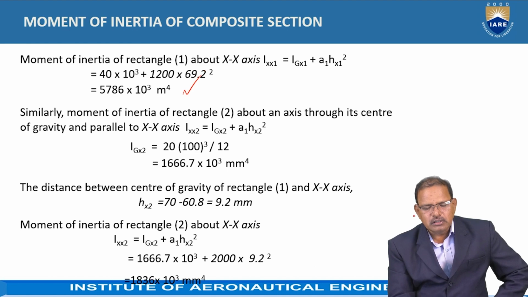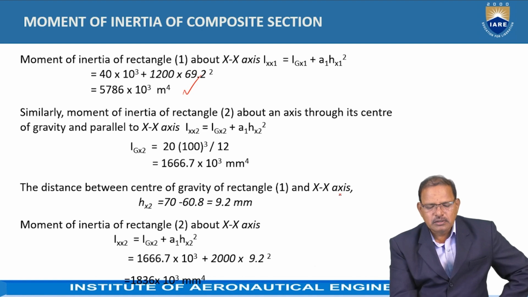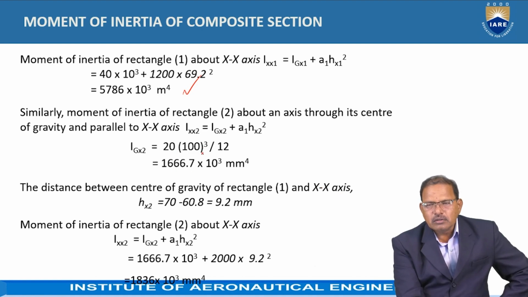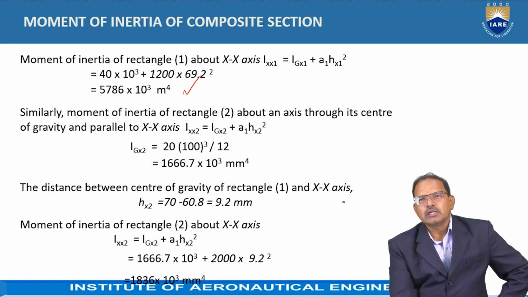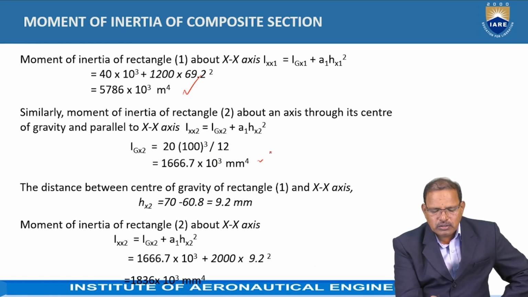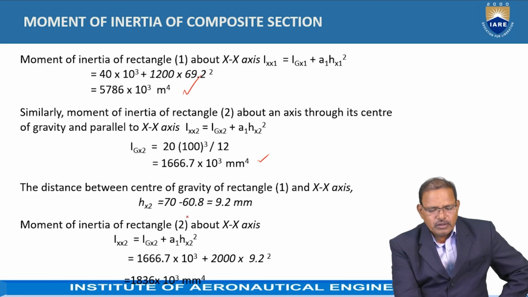For the second one, Ixx is equal to Igx2 plus A2 hx2 whole square. The Igx2 is representing the moment of inertia of the rectangle about its central axis, which is equal to 20 into 100 cube by 12, which is equal to 1666.7 into 10 to the power of 3 mm to the power of 4, and hx is equal to 70 minus 60.8, which is equal to 9.2.